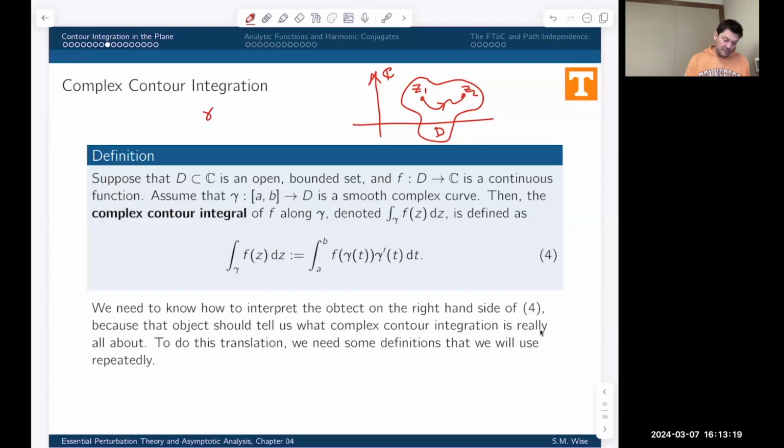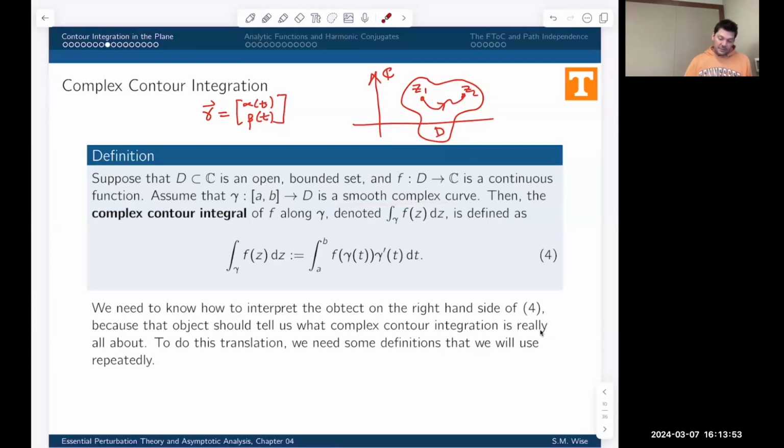So it would be some alpha of t, beta of t, which maps into the plane, and those functions would have to be smooth functions. Of course, you really don't need smooth functions. It might be enough to be C1, a curve that you could take its derivative, and maybe the derivative is continuous. But in any case, this just means it's nice.